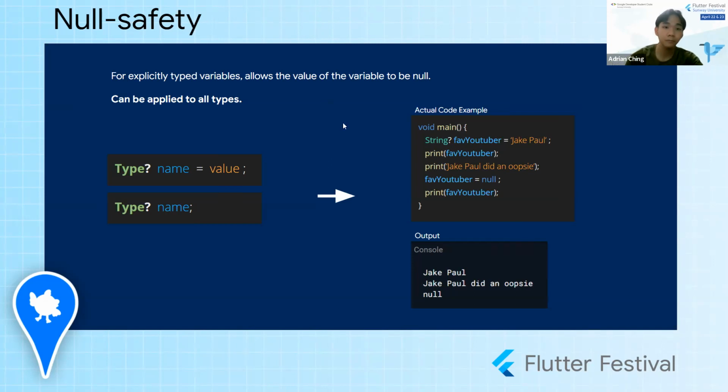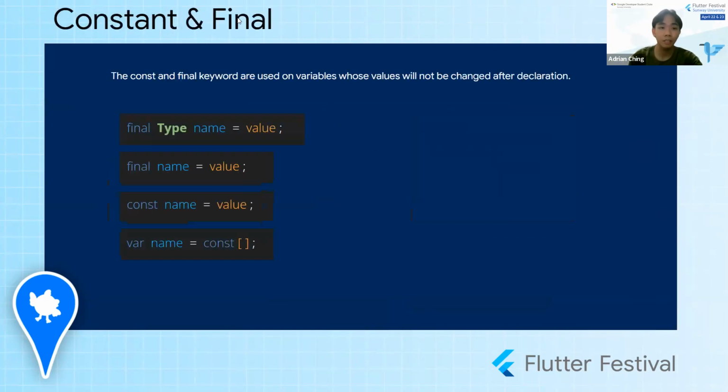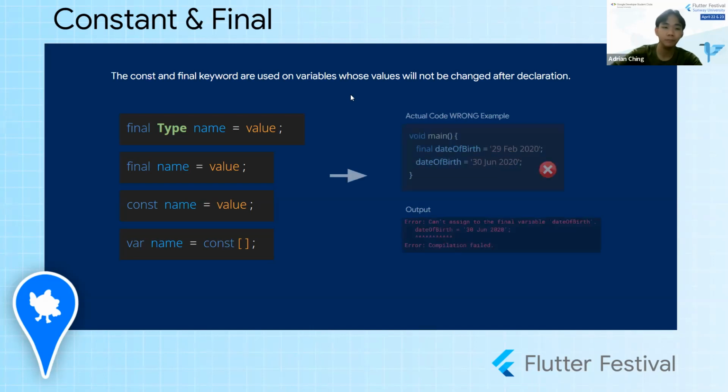Moving on, we have the constant and final variables. Just add a final keyword or a constant keyword in front of the variable, and then the values of these variables cannot be changed after declaration. In a real scenario, it's like your birth date, right? Once you have a birth date, you can't change your birth date.